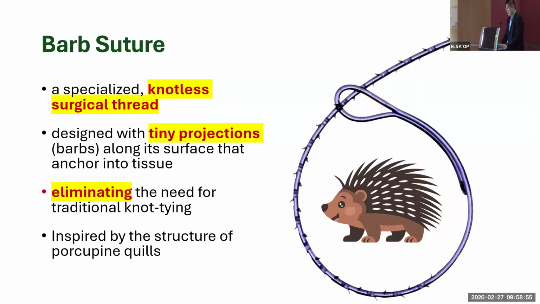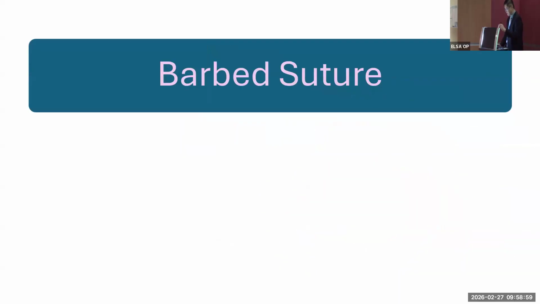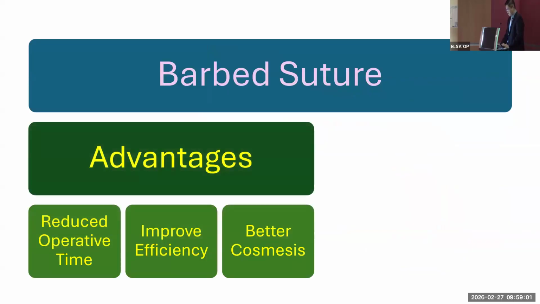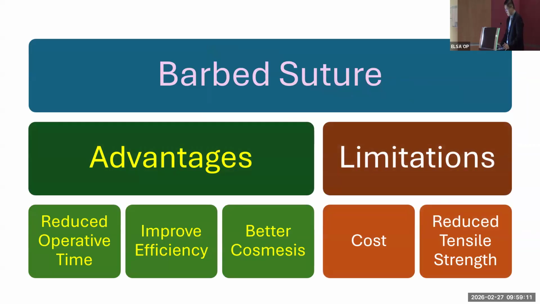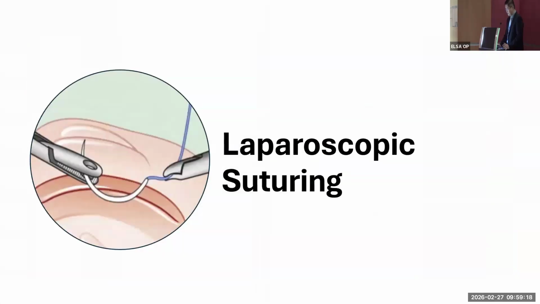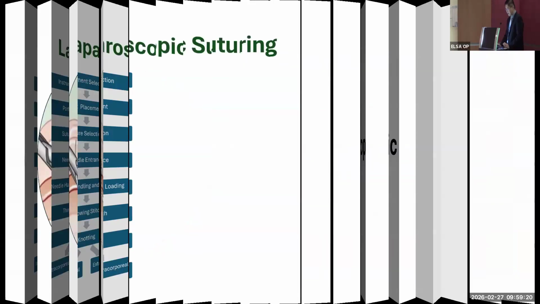The idea was inspired by the structure of porcupine quills. The advantages of using it are reduced operative time, improved efficiency, and also better cosmesis. However, there are limitations as well: it's very costly and it has slightly reduced tensile strength. So let's go on with laparoscopic suturing.